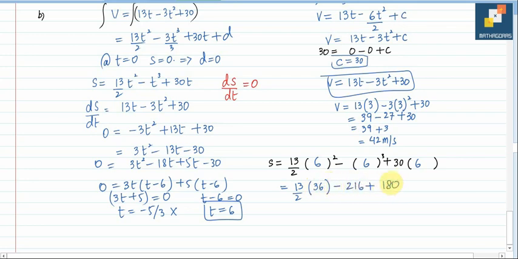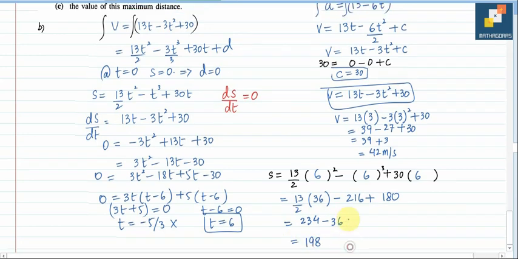Now 36 times 13 divided by 2 is 234, minus 216 plus 180, which is minus 36. So 234 minus 36 leads to 198. So we have the maximum distance, 198 meters.